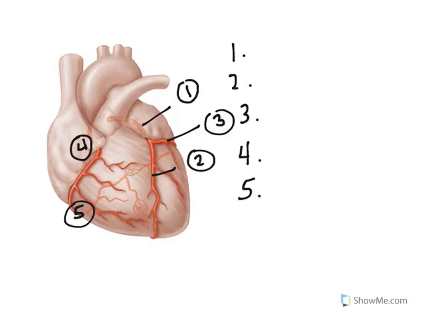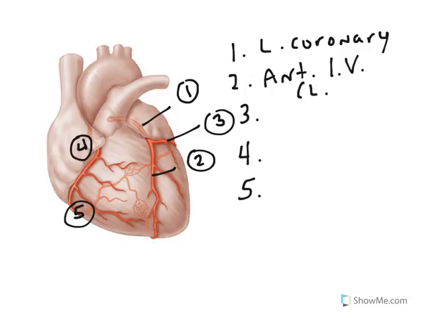So important to note these 5 arteries. The first one simply being the left coronary artery, the one that comes out on the left side, brings blood right past where the atria and the ventricle meet, and it splits off into numbers 2 and 3. So number 2 is called the anterior interventricular artery. Now in practice, this is often called the left anterior descending, LAD.